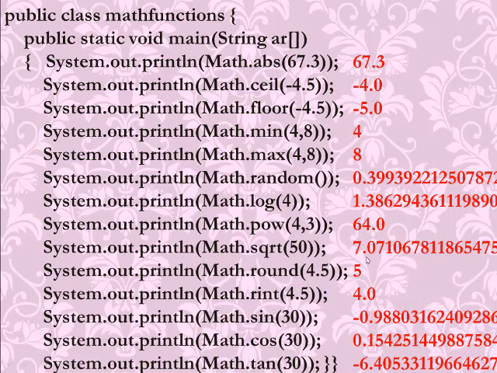Math.sqrt(50) will find the square root of 50, which is 7.07. Round will round off to the upper value here because it is 5, so 5 will be returned, while Math.rint will return 4.0. Then these are the sine, cos and tan values of the given angles.